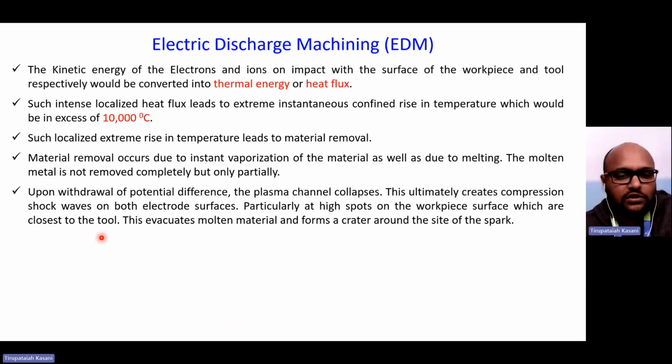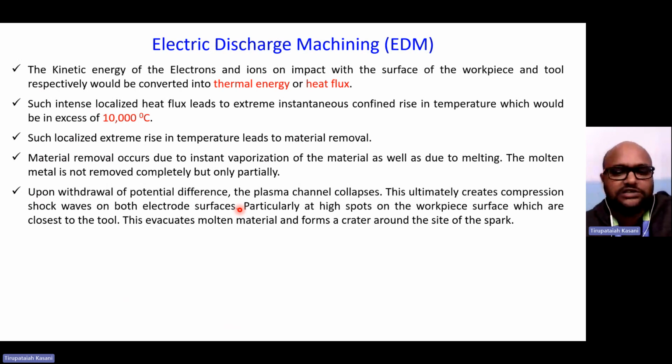Upon withdrawal of the potential difference, the plasma channel collapses, means whenever the power supply stops, there is no plasma region. Again, that region will be occupied by the dielectric medium as usual. This ultimately creates compression shock waves on both electrode surfaces.